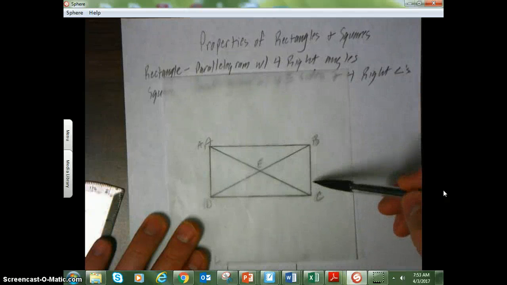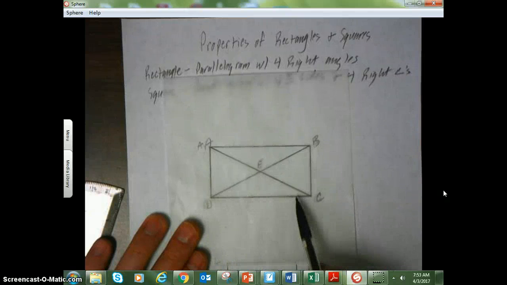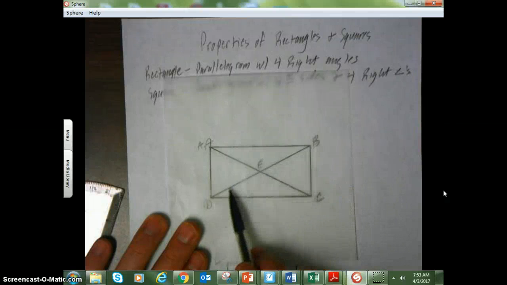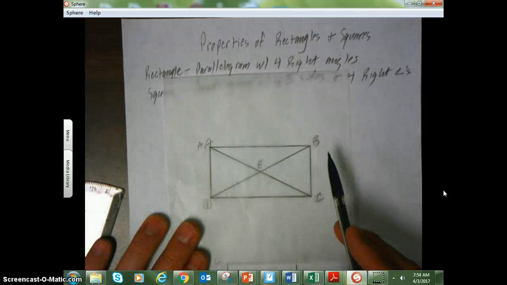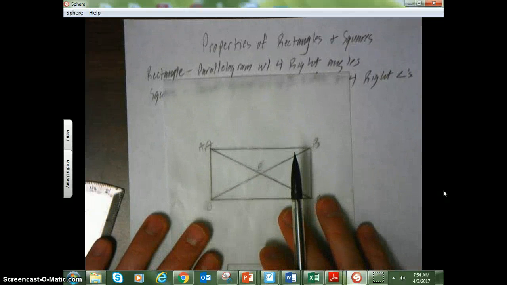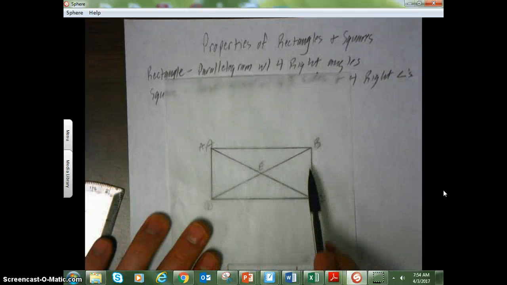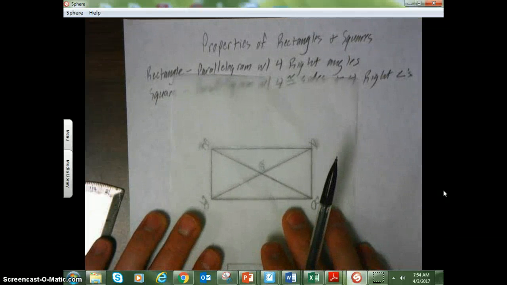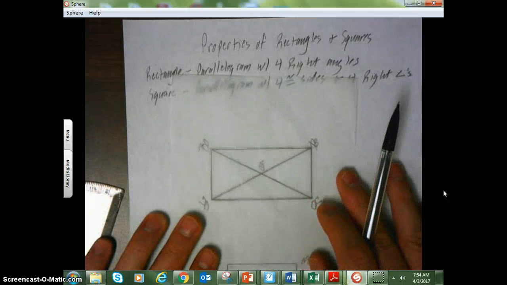Well, this is a leg that happens to be congruent to this leg, and this leg is shared between the two triangles, so it makes sense that here I would have side angle side congruency, so that means that segment BD also is a hypotenuse of the right triangle, and if the two triangles have the same legs, the hypotenuse must be the same. So what do we do? I'm going to take the patty paper and put segment AC on top of segment BD so we can compare the lengths and see, yeah, the diagonals of a rectangle are congruent to each other.